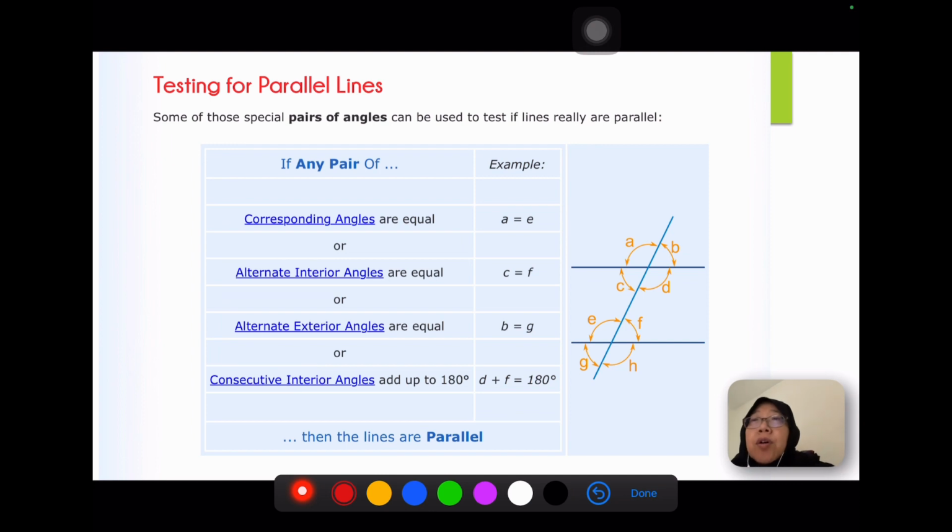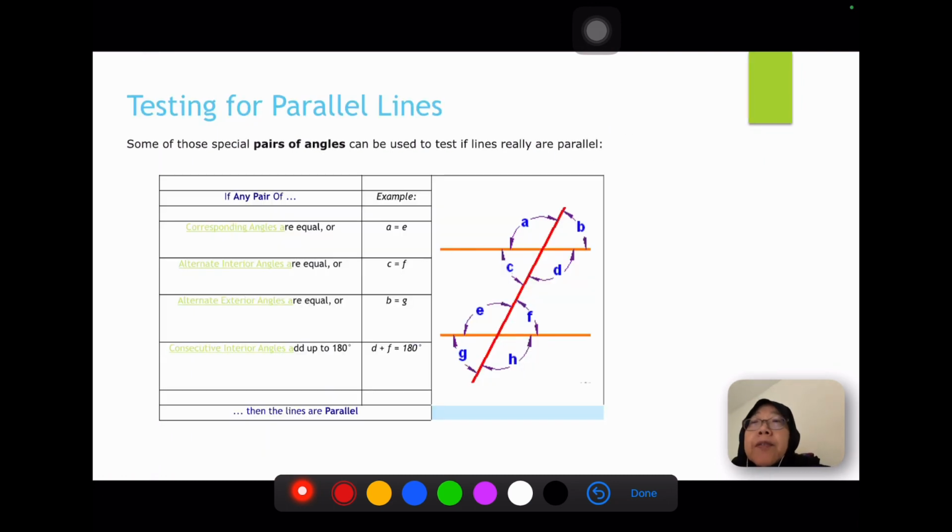Okay, testing for parallel lines. How do we test for parallel lines? Some of those special pairs of angles can be used to test if lines really are parallel.